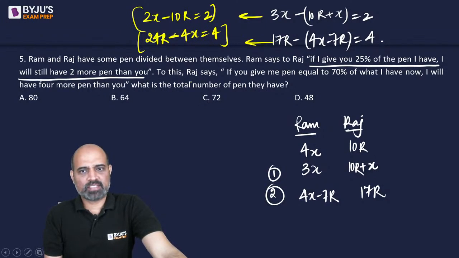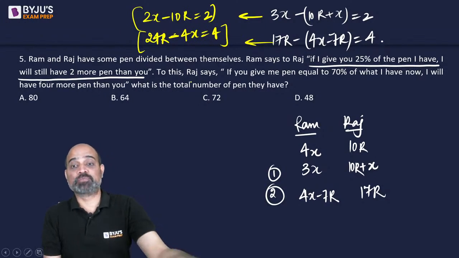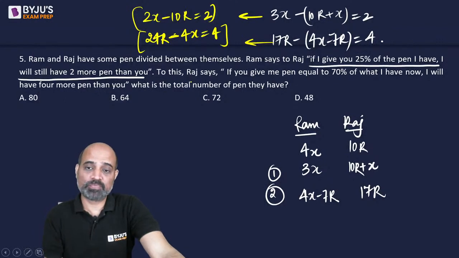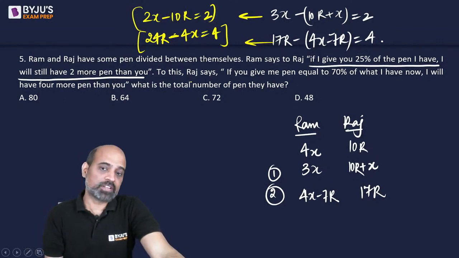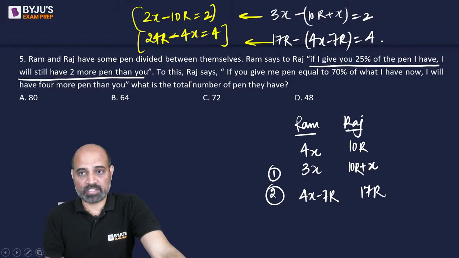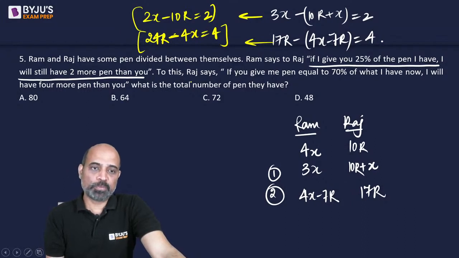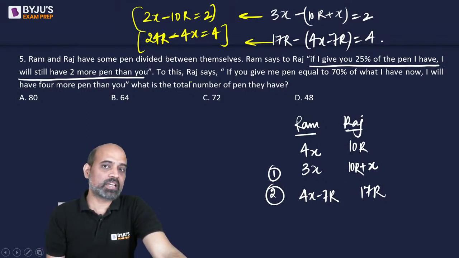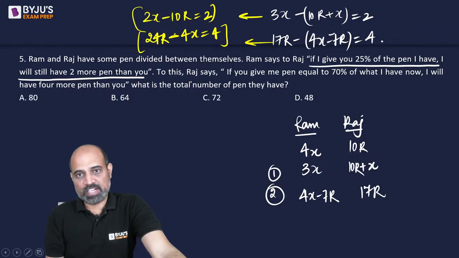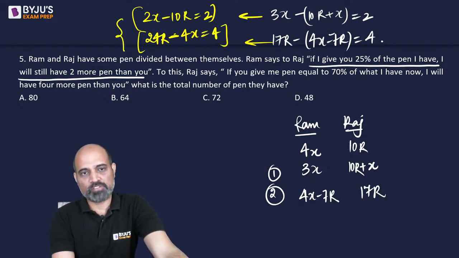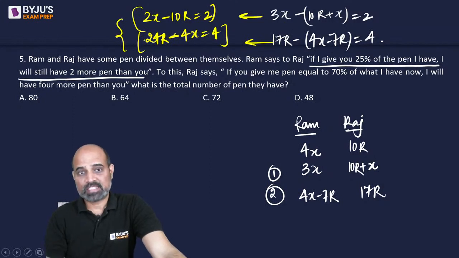Raj says, if you give me pens equal, if you give me, so Ram के side से जाएगा. So instead of 10R, that 7R reduces from Ram's side, it goes to Raj's side. I will have 4 more pens than you. So 17R minus that part. So 17 plus 7 is 24R minus 4x. Now the thing is, ये equation solvable नहीं है. Right?